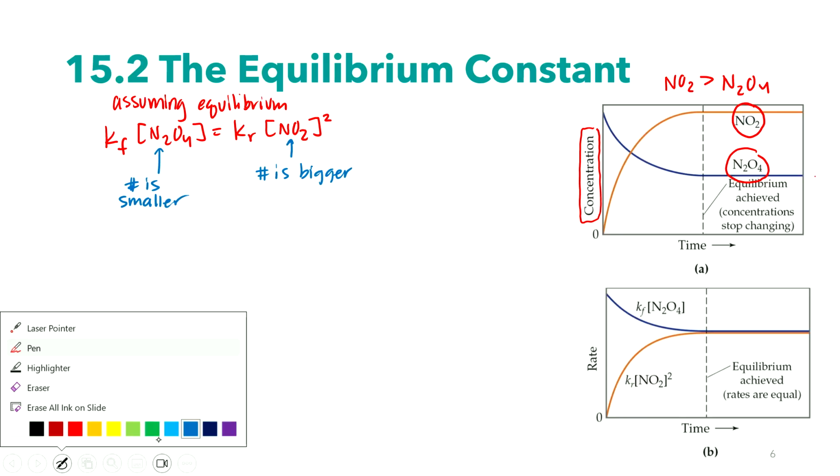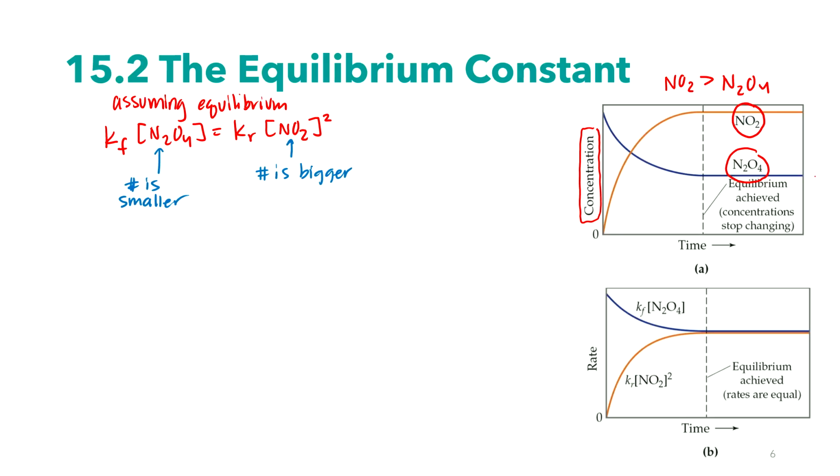So that also tells us something about the relative size of Kf and Kr. If I know that those two things are equal to each other, but I've already told you that the concentration of NO2 is bigger, then I must know that Kr is a smaller rate constant, and Kf is the bigger rate constant.